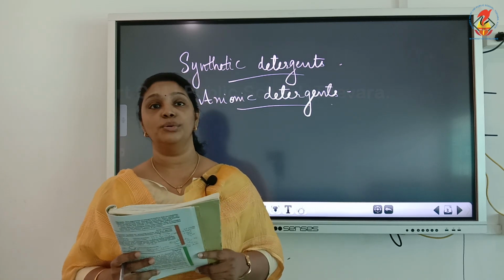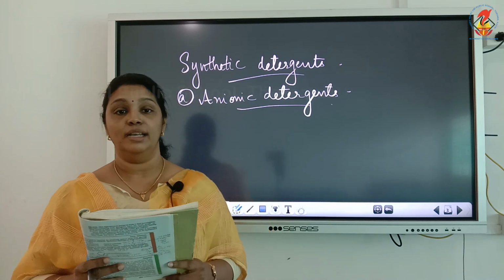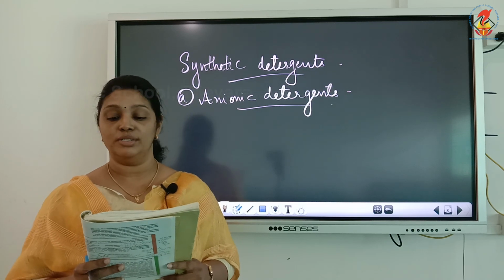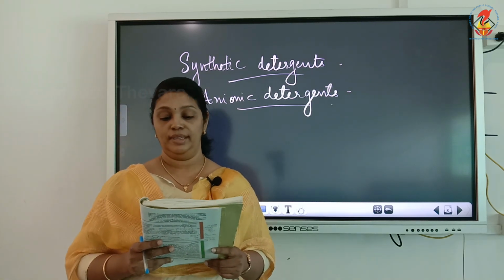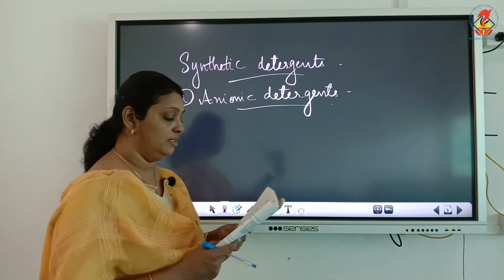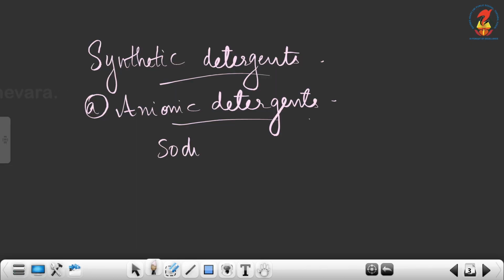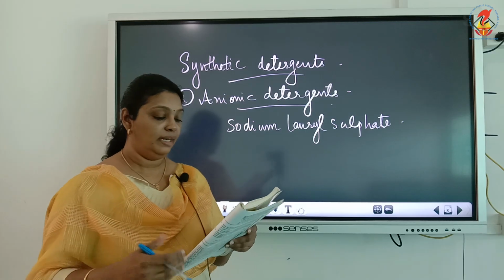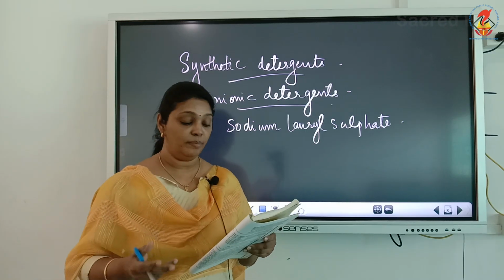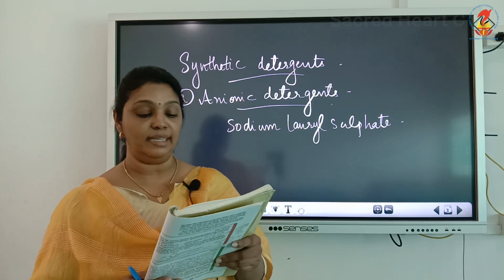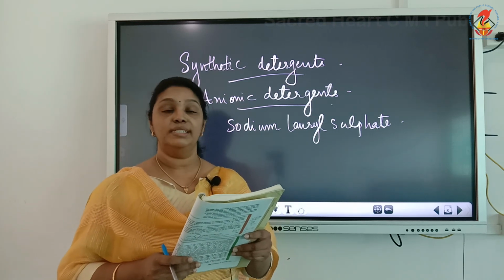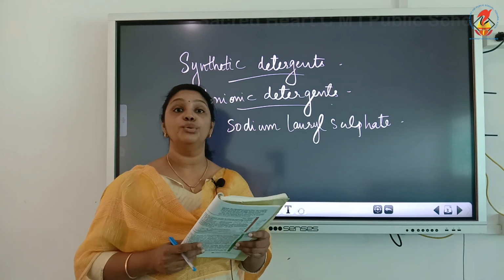Anionic detergents are sodium salt of sulfonated long chain alcohols or hydrocarbons. An example for anionic detergent is sodium lauryl sulfate. In anionic detergent, the anionic part of the molecule is involved in cleansing action. These anionic detergents are used in toothpaste.